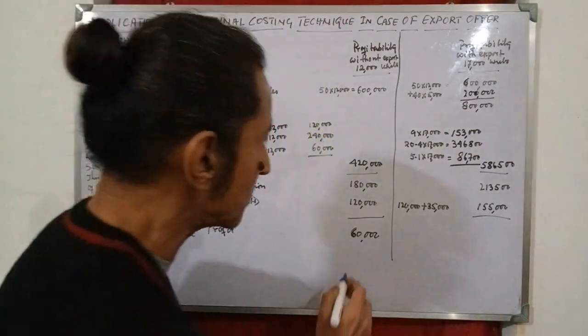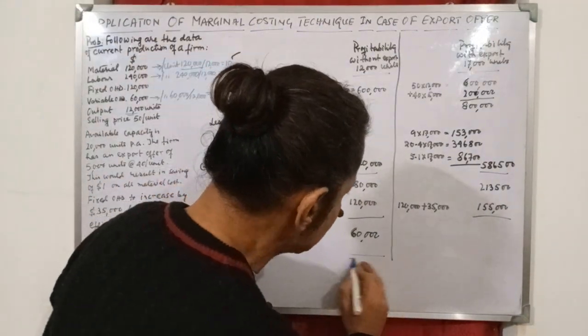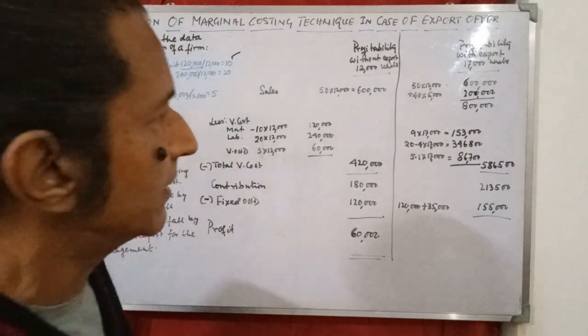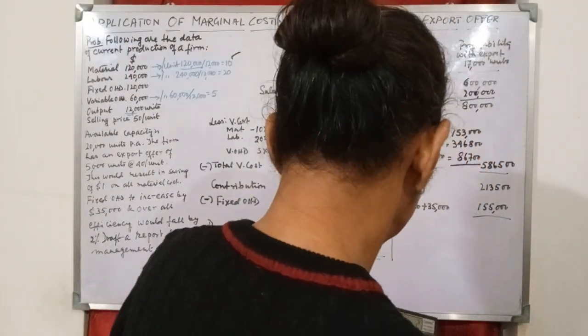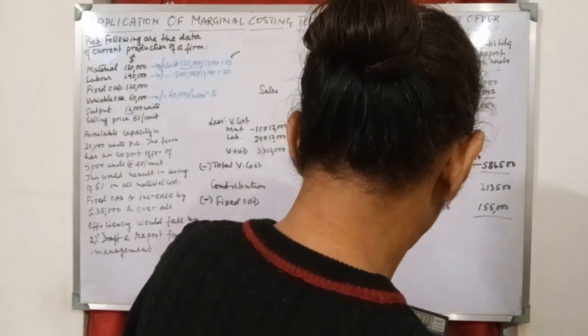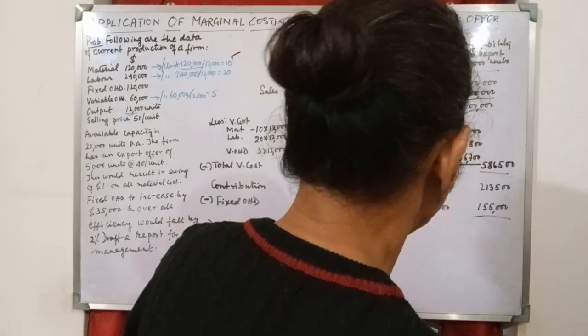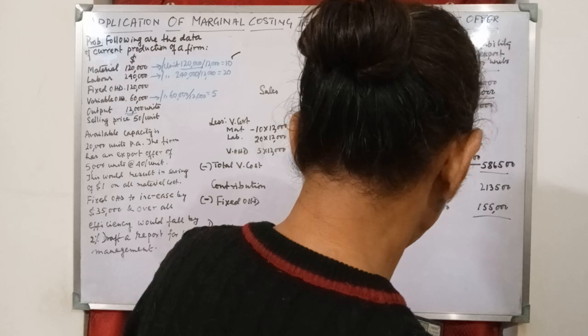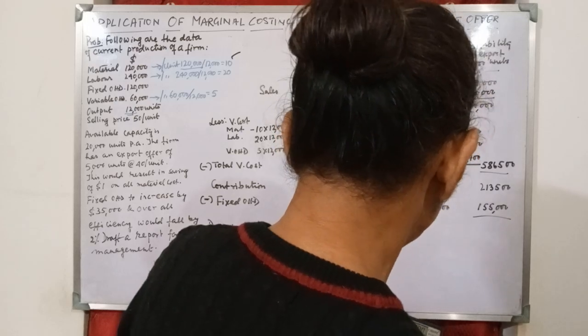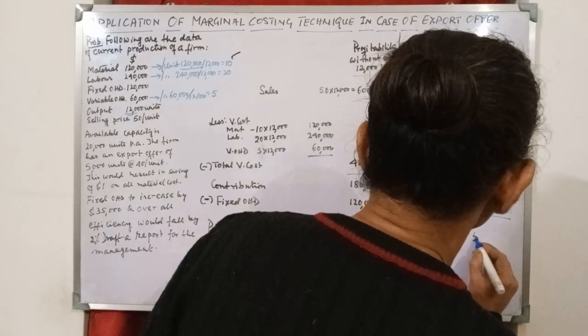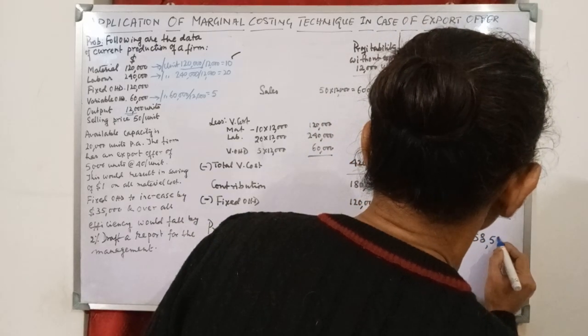That is the current profit level is 60,000. And here what is the profit? 213,500 minus 155,000, that is 58,500.